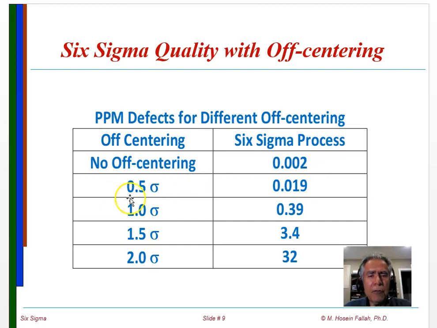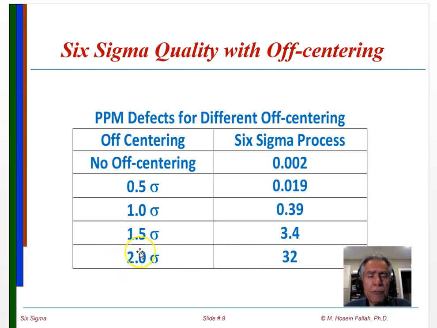However, if we allow half a sigma for off-centering, that increases to 0.019. If we allow 1 sigma for off-centering, that goes to 0.39. At 1.5, which is the standard for Six Sigma process, the number of defects is 3.4 parts per million.